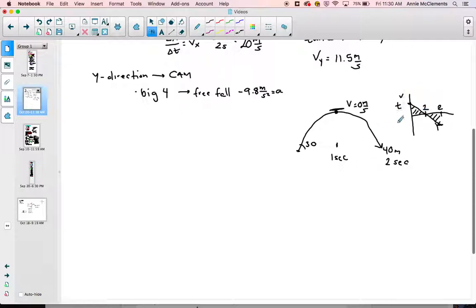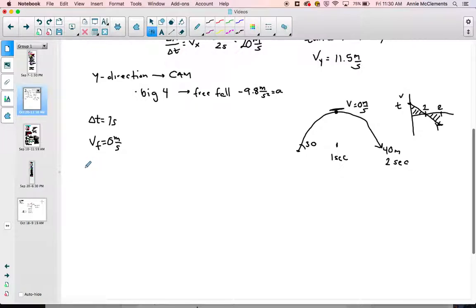This is a little tricky, the way that this is sort of rationalized, but we'll be talking more about it. So we have some new information that we can put into our CAM to find the change in height. The change in time from when it leaves the hand of the baseball player to when it reaches its maximum height is 1 second. The V final, when it reaches its maximum height, is going to be 0 meters per second.